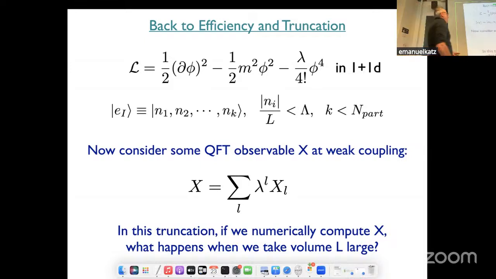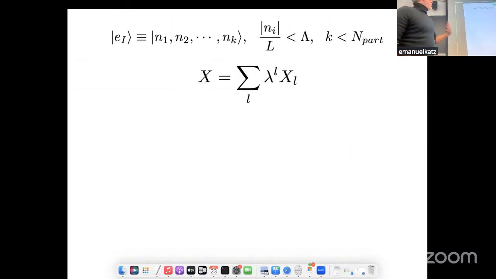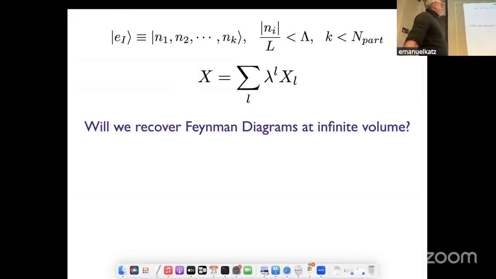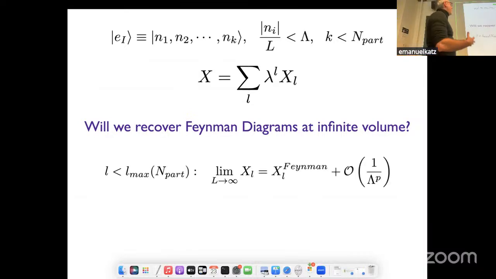In particular, I want to understand this connection when we take the volume to be large. So again, we're looking at a particular basis. We're computing within this truncated part of the space. We're computing some observable. And the question I want to ask you guys is, if we take the volume to infinity, will we recover Feynman diagrams? Would we recover the Lorentz invariance, for example, in this theory? It's a Lorentz invariant theory. Of course, Lorentz invariance is broken by the finite volume.